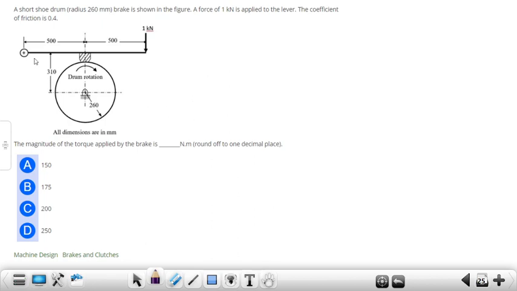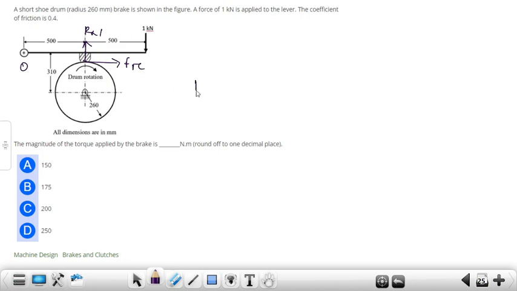So taking the moment about O, this is point O. The reaction is Rn, and this is the frictional resistance offered by the drum on the brake, Fr.